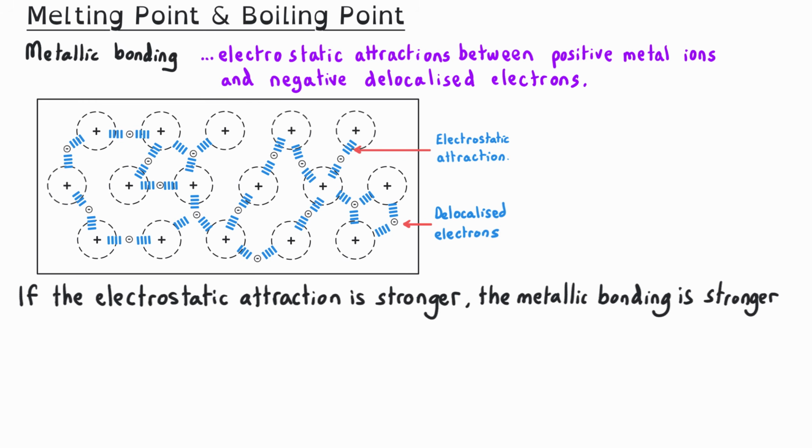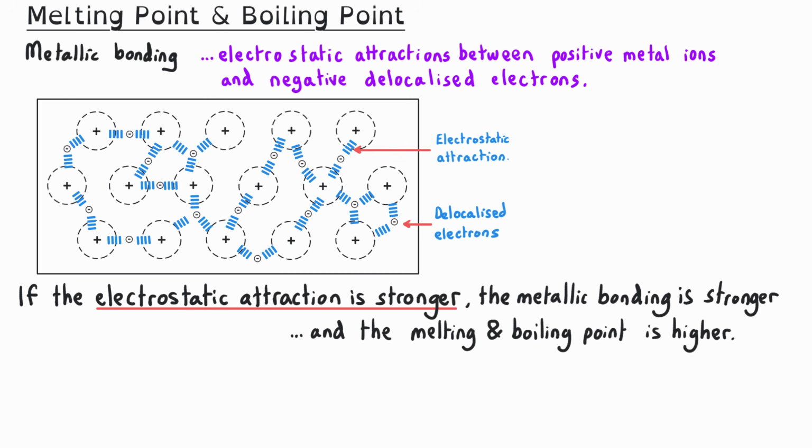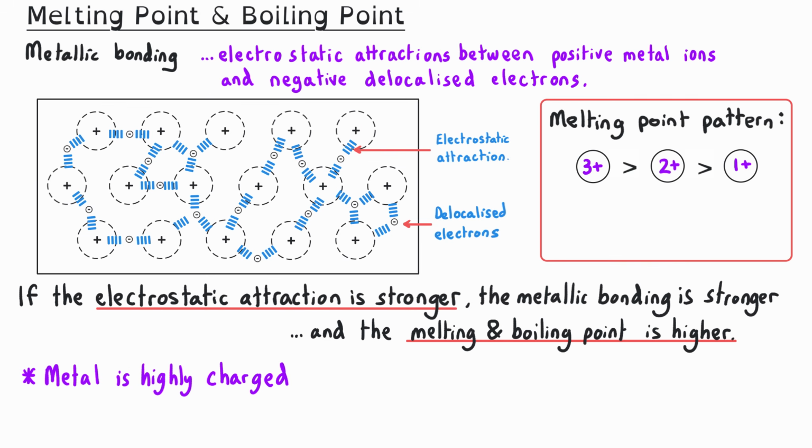In general, if the electrostatic attraction is stronger, the metallic bonding is stronger, and so the melting and boiling point will be higher. And this will be the case when the metal is highly charged. For instance, the melting point will be higher if the metal is a 3+ ion than if it was a 2+ ion, and the 2+ ion will have a higher melting point than a 1+ ion.